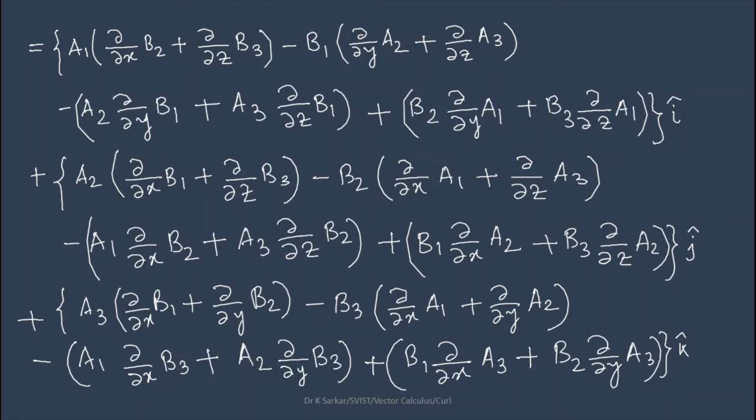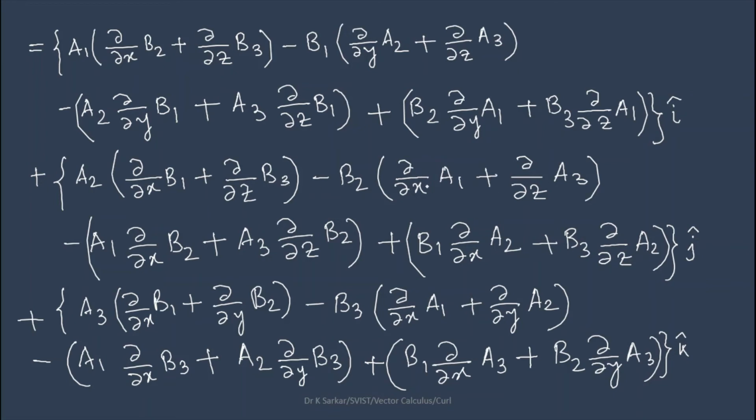Here we see del y b1, del z b1, so we need del x b1 with the a1 term. Okay, and here you see del y a1, del z a1, so we need del x a1 with the b1 term. Next, similarly, del x b1 plus del z b3, so we will have del y b2.